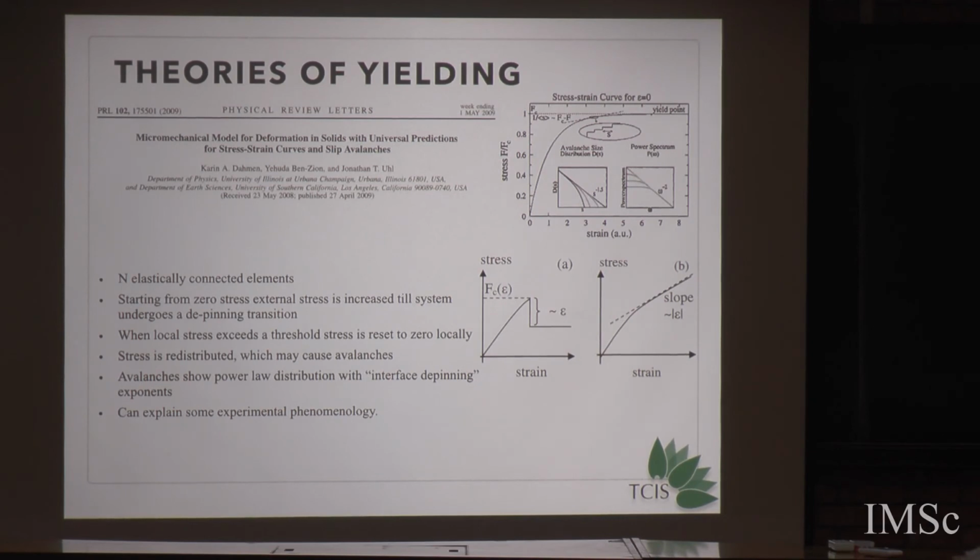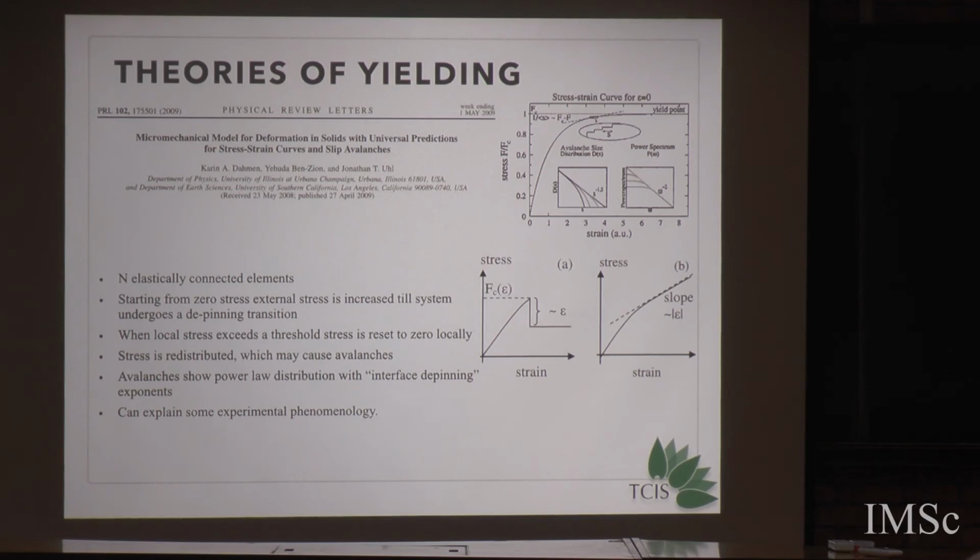You put some shear, and then you look at the local shear there. If the local shear is larger than some threshold, then this element fails. Once this element fails, the shear is shared by the other connected elements, and then some of those can fail also. So it can create an avalanche.